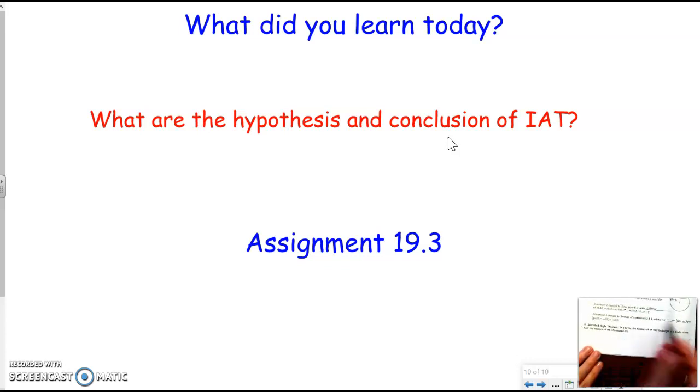So the hypothesis is the inscribed angle on the circle, and the conclusion is that it's half of the intercepted arc. This is the part that you're given, and this is the part that we were trying to prove, which we did in those 3 different cases.